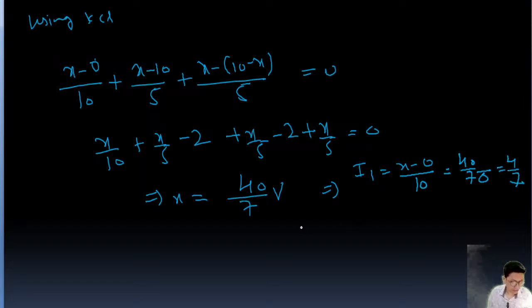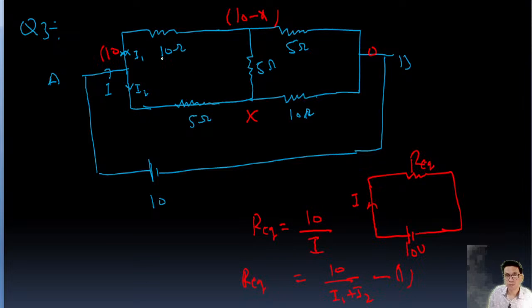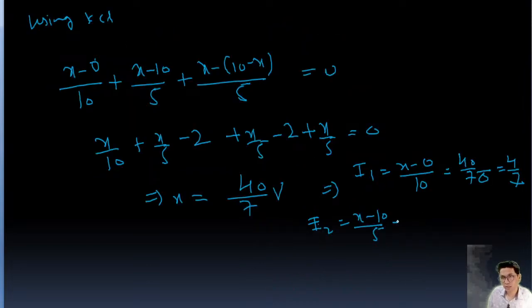Similarly, I2 is going to be X minus 10 upon 5, right? And the value of X, you can write it. So the value of X is going to be 40 upon 7 minus 10 upon 5.